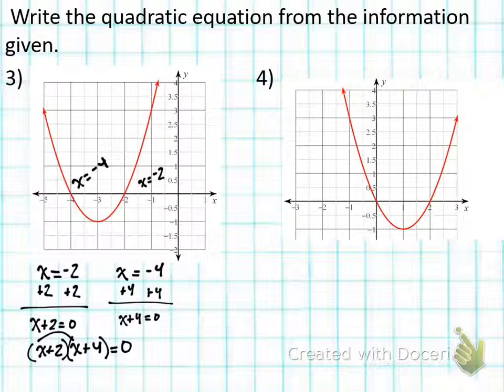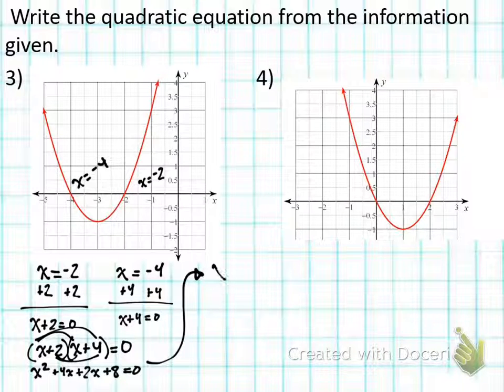Okay, good. So this x squared, what's x times 4? Good. What's 2 times x? Good. What's 2 times 4? 8, which is all equal to 0. Okay, bringing this up here. Combining like terms, x squared.